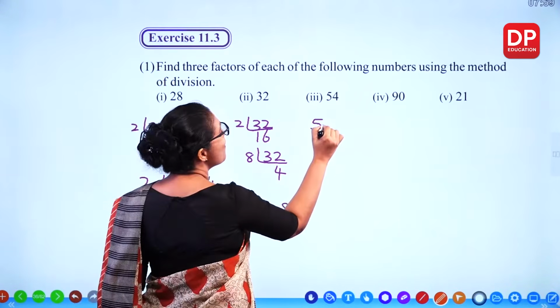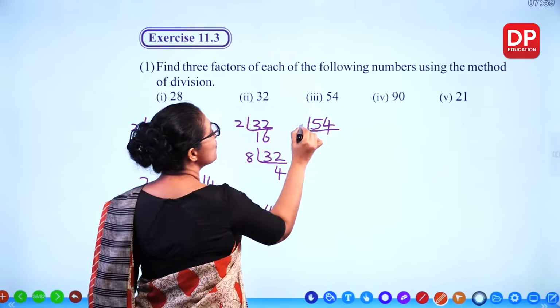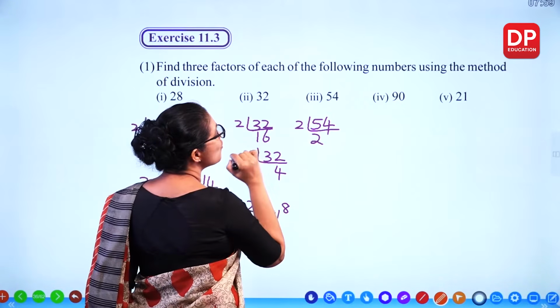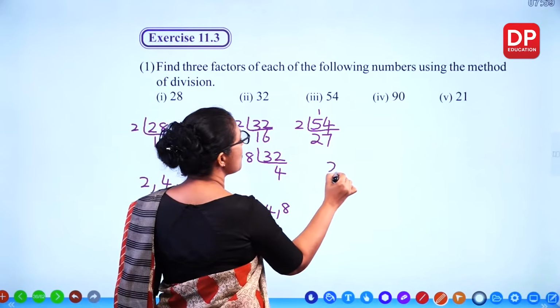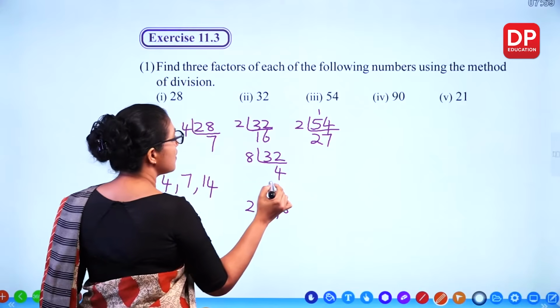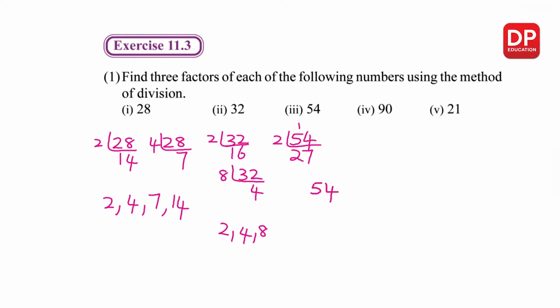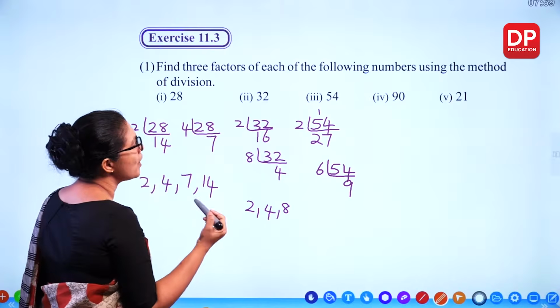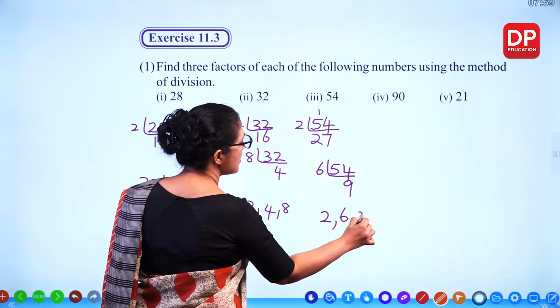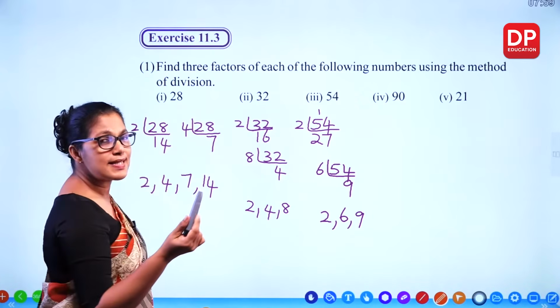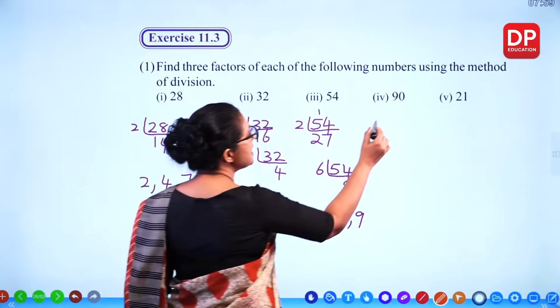54. 54 divided by 2. 2 times 27. 54 divided by 6. 6 times 9, 54. So what are the factors of 54? I can write 2, 6, 9, 27. 90.